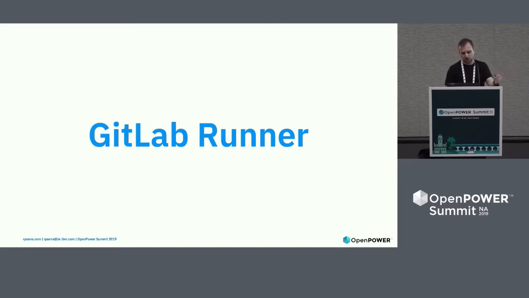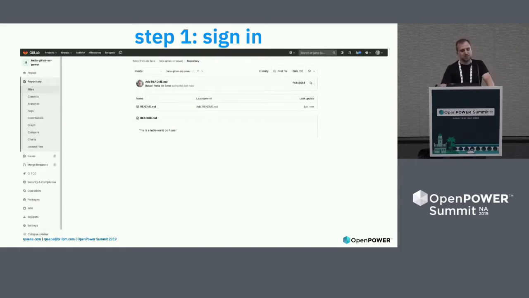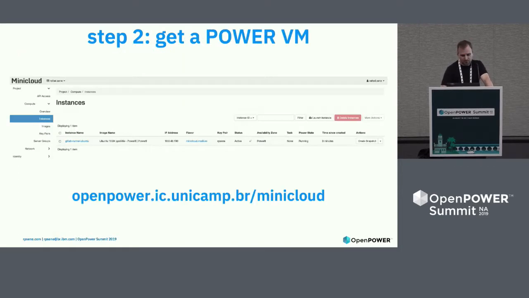So how can you do that? First, sign in to your GitLab account. This is the point where GitLab is different from Travis CI. On Travis, you do not need to provide your backend. Travis has its own servers, and when you use Travis, you just need to configure your recipe there.